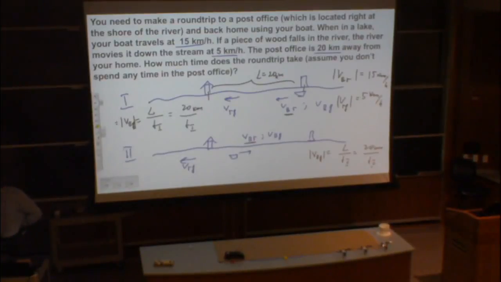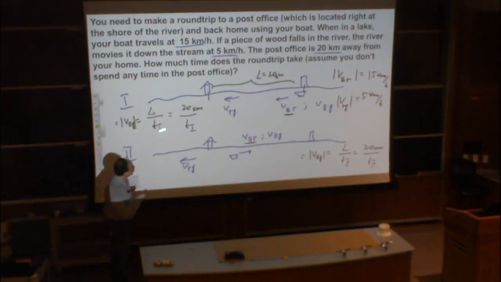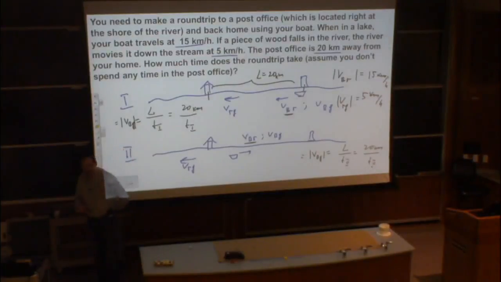So the real question now is, what numbers should we write here for the speed of the boat relative to the ground on its way up the stream, and what number should we write here for the speed of the same boat relative to the ground, but on its way down the stream.